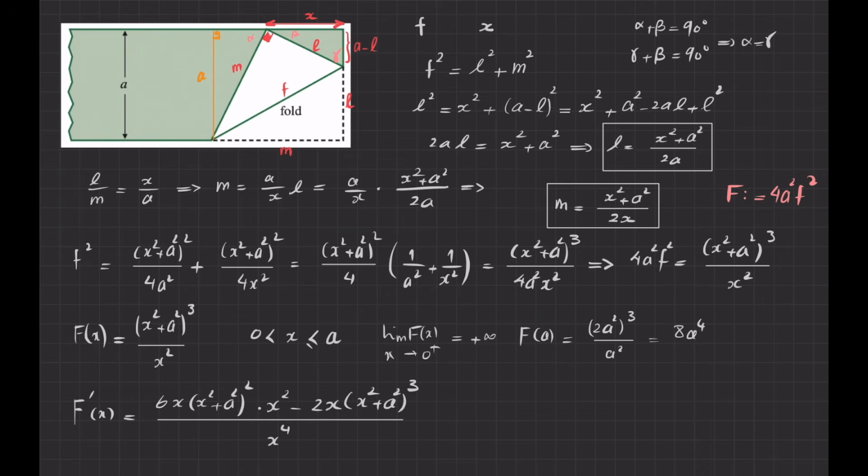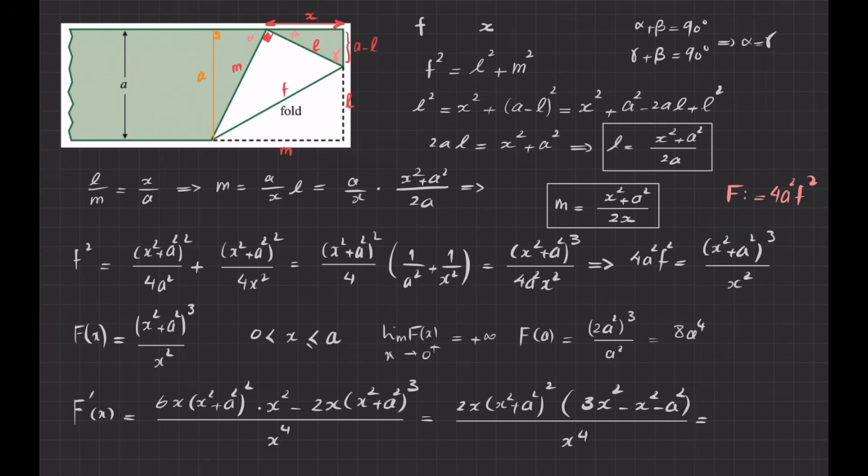Okay, so what can I do now? I can factor out 2x and (x squared plus a squared) to the power 2. From the first term, a 3 is left, and from the second term, a 3x squared is left, and from the second term, minus x squared minus a squared, and everything divided by x to the power of 4.